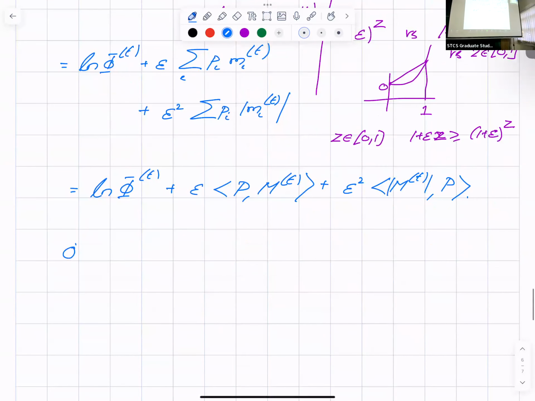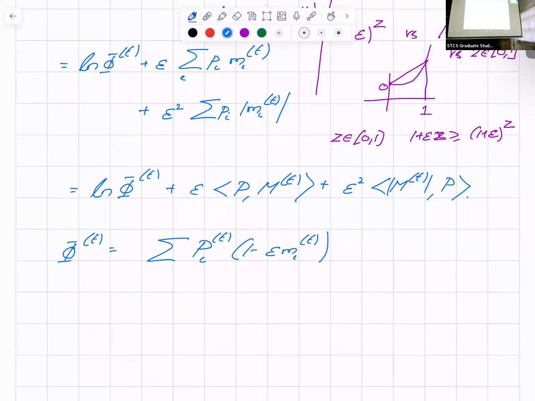But now let's look at what Vt is. Vt is itself summation pit times 1 minus epsilon mit. I'm going to upper bound this as the summation over i of pit exp of minus epsilon mit.